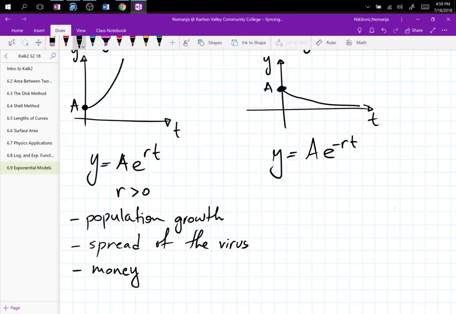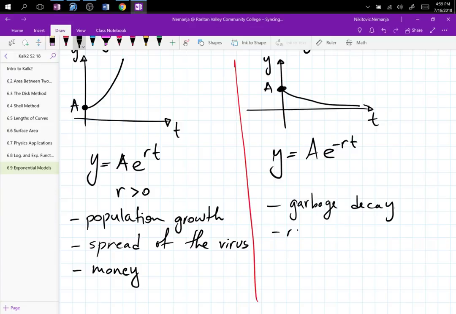On the other side, let me divide these two. On the other side, we'll have garbage decay, radioactive decay, and then, let's say, carbon dating.